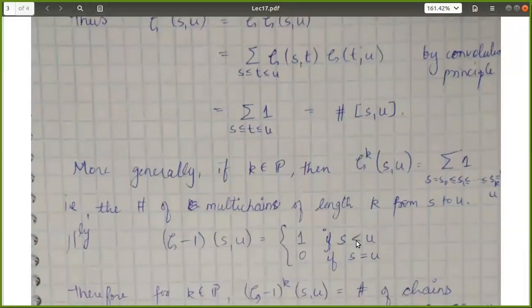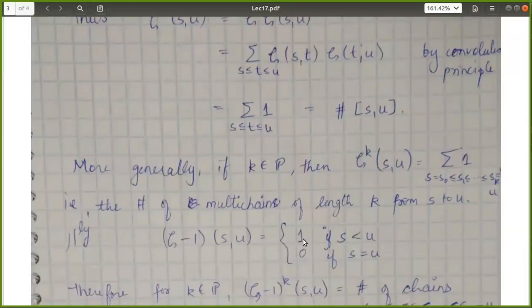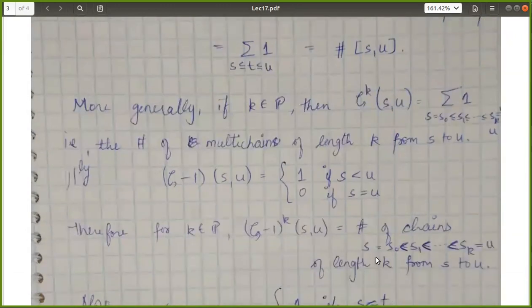Now you have a different function which evaluates to 1 only when S is strictly less than U. Therefore, zeta minus 1 raised to k of SU is going to be the number of chains S equal to S0 strictly less than S1, strictly less than S2, and so on, strictly less than Sk equal to U, of length k from S to U. Is that right?